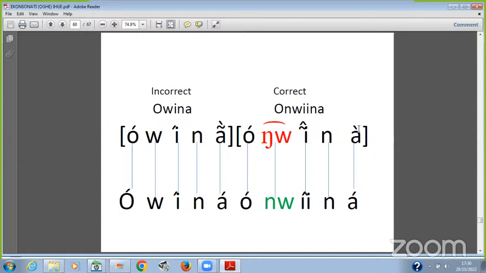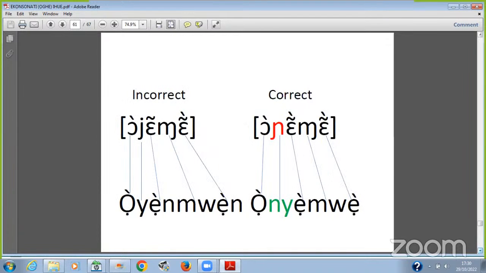The nasal symbol is not, in this particular case, it's an error, so we'll correct it. Then you have again in this representation.